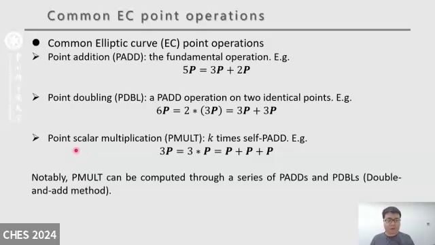And finally, point scalar multiplication, also known as PMULT, can be regarded as k times PADD. Notably, PMULT can be computed through a series of PADDs and PDBLs. So we call PADD and PDBL the basic operations.